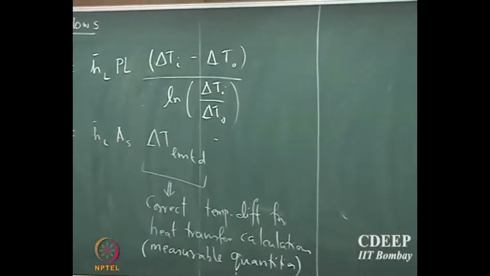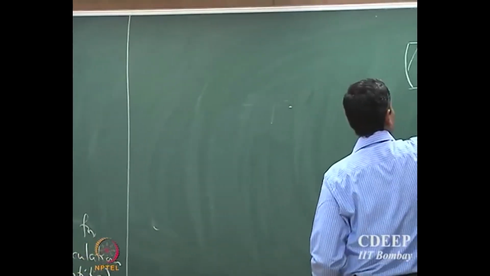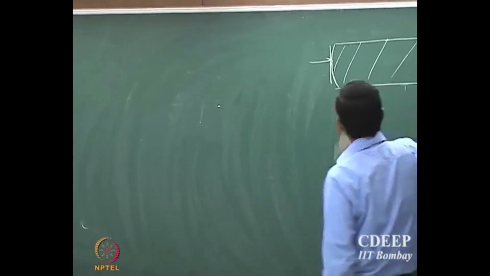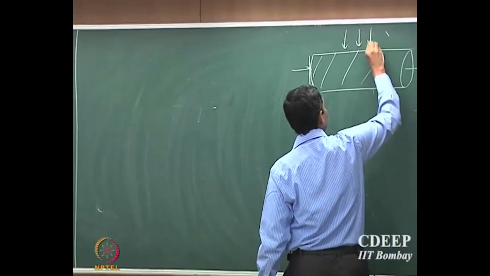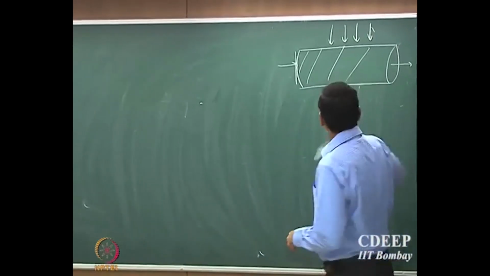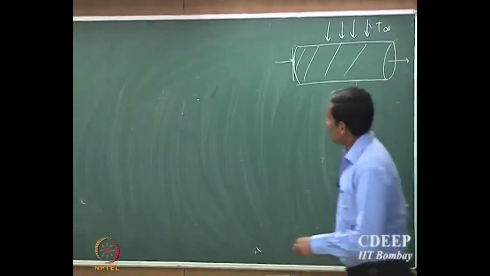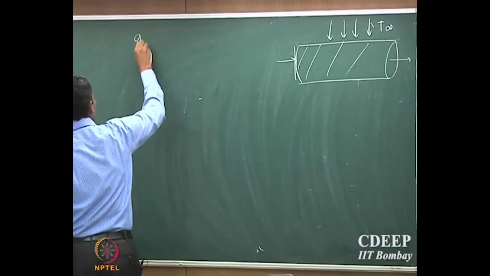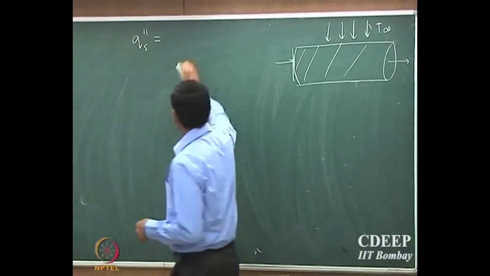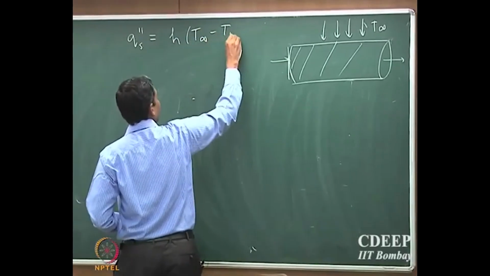So suppose there is a fluid which is flowing through the tube, and there is another fluid which is flowing around the curved surface, and let's say that this is at a temperature T infinity. Now one could define the local flux of heat transport as h into (T infinity minus Tm).